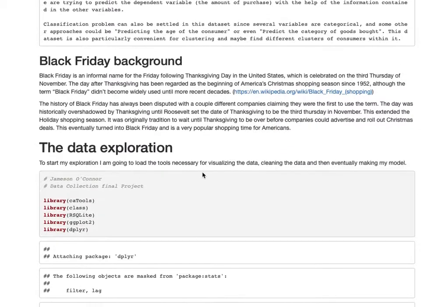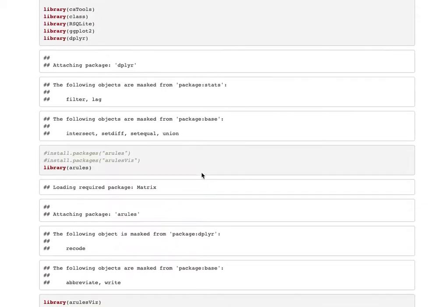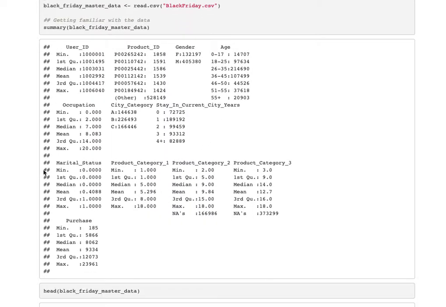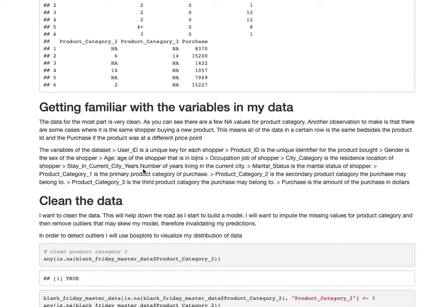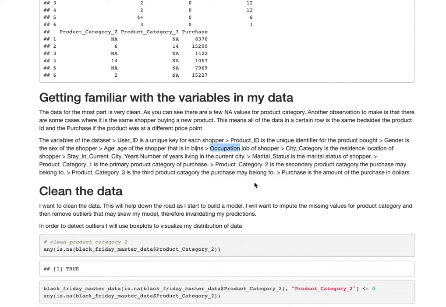So I started my data exploration, got familiar with some of the variables that I'm going to present to you right here. So the first variable is the user ID. This is the unique ID of a shopper. The product ID, which is, again, just a unique key to the product that they bought given a transaction. And then the categorical breakdown of a consumer: gender, age, occupation, a couple more.